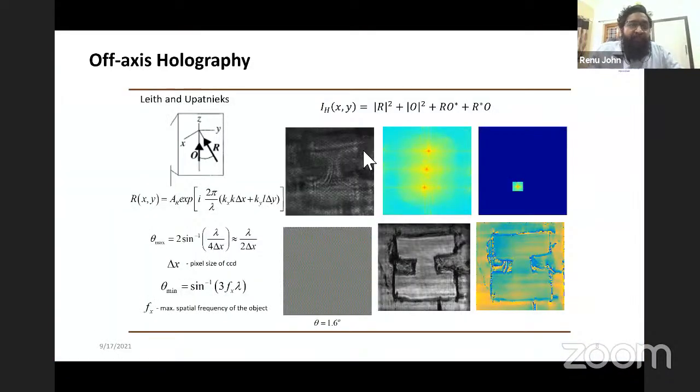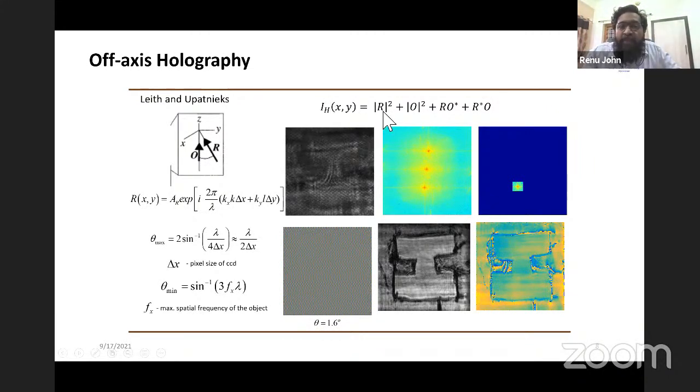So this is a very good example of how we record such a hologram. We have the object beam and the reference beam creating a hologram. In the second image, you can see three terms. Essentially the three terms are what you see in the equation above.